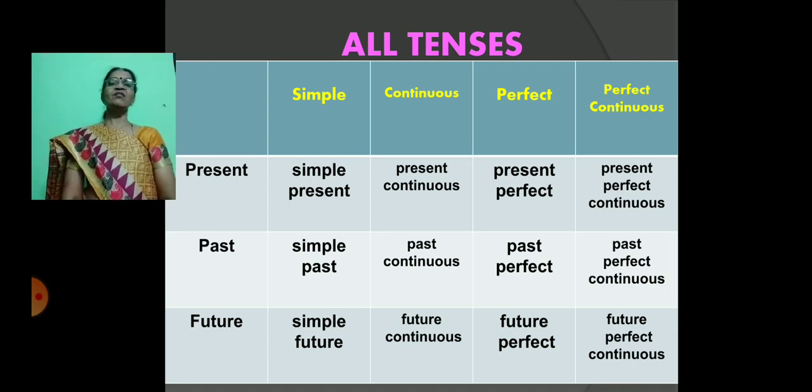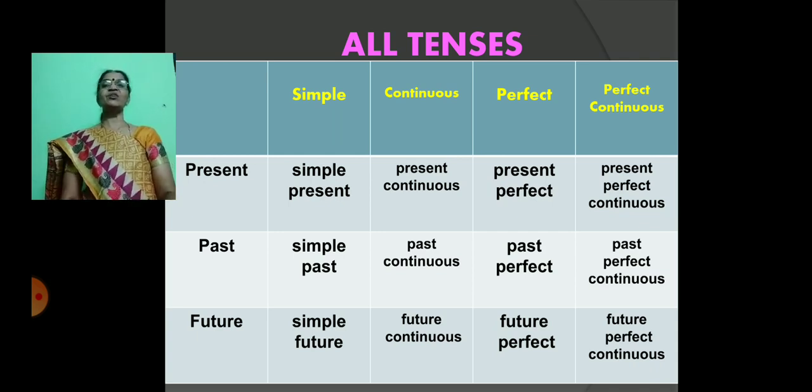For the third, we say present perfect, and the fourth, present perfect continuous. So it follows the same for the other two tenses: simple past, past continuous, past perfect, past perfect continuous. For future, we have got simple future, future continuous, future perfect, future perfect continuous.